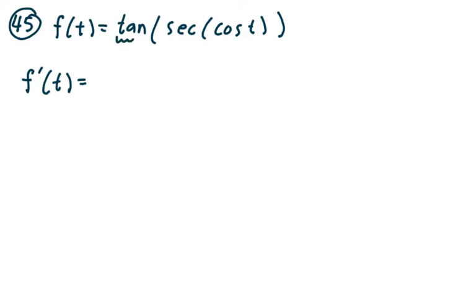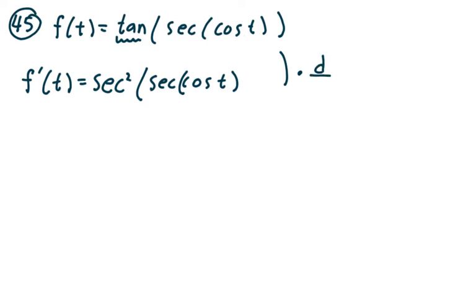So the derivative of the tangent function is secant squared, but don't forget, I'm going to evaluate it at secant of cosine of t. And then I'm going to take that result and multiply by the derivative of the inside function, which in this case is secant of cosine of t.